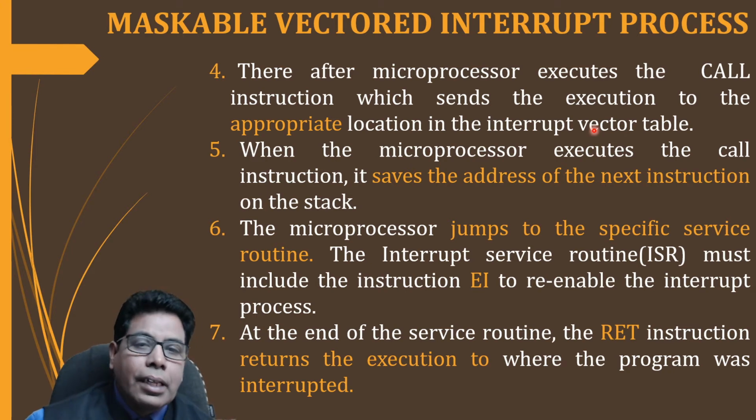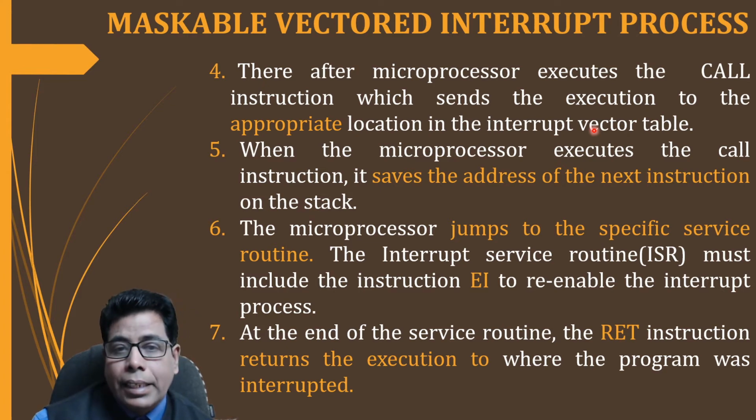When the microprocessor executes the call instruction, it saves the address of the next instruction to be executed on the stack, because when it goes for execution of the ISR, it has to return back after that. That's why it saves the address of the next instruction in the stack memory with the help of the stack pointer SP.